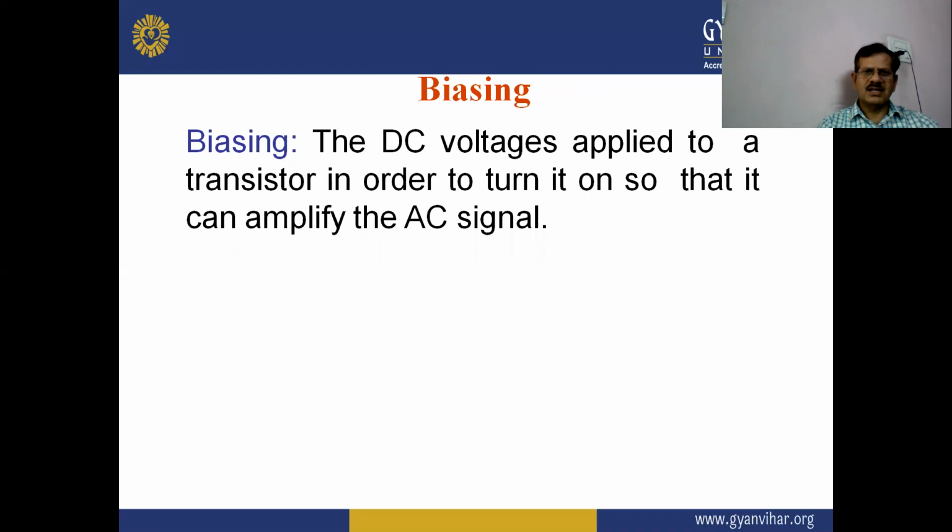So what is biasing? Biasing means the DC voltage applied to a transistor in order to turn it on so that it can amplify the AC signal.